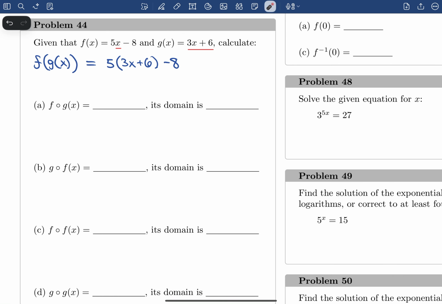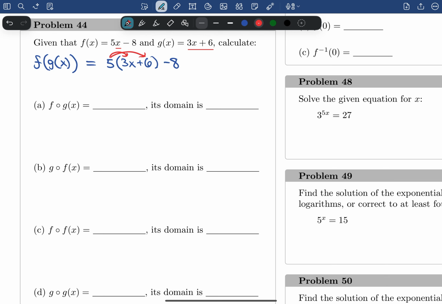There we go. So I'm writing the f of x function, but when I get to x, I write the g of x stuff for it. We have evaluated or composed these two functions, right? We've composed them together now, but we have to simplify. And so to simplify, just distribute here and here. And we get 15x plus 30 minus 8.